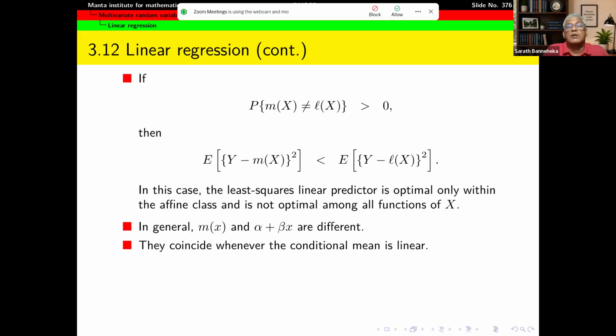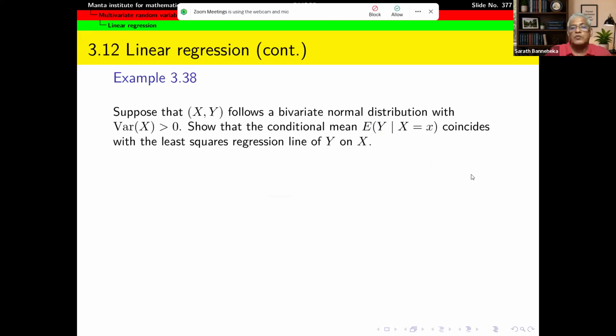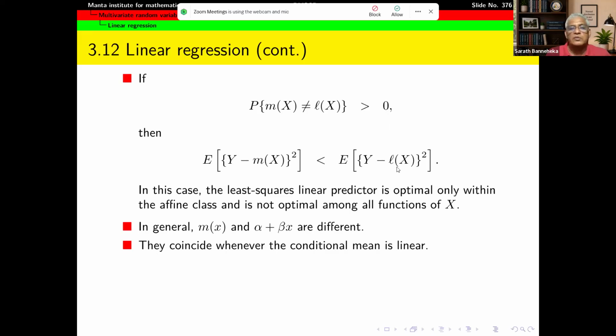That means if the probability that m(x) is not equal to l(x) is some positive value, in that case, the expected value of (y minus m(x)) squared will be less than the expected value of (y minus l(x)) squared. So if these are not the same, of course, the conditional expectation is better than the least squares, because the expected squared error for the conditional mean is less than the expected squared error for the least squares regression line. So that happens if m(x) is not equal to l(x).